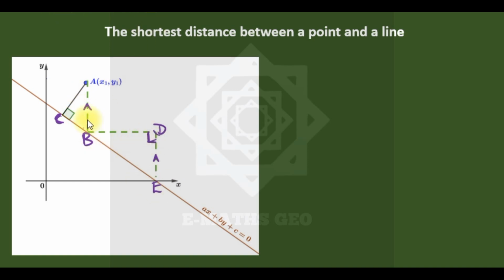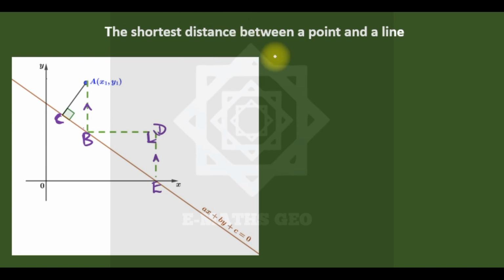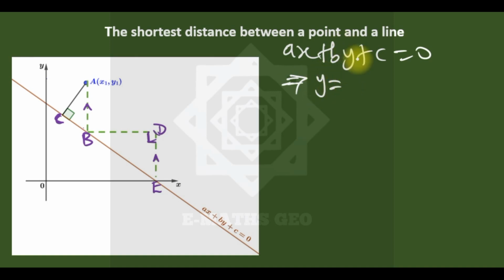The next thing is because we need to get this distance, this and this. So from our equation of line given, ax plus by plus c equal to 0, if we now make y the subject of formula, this goes here to be minus ax, this goes here to be minus c.